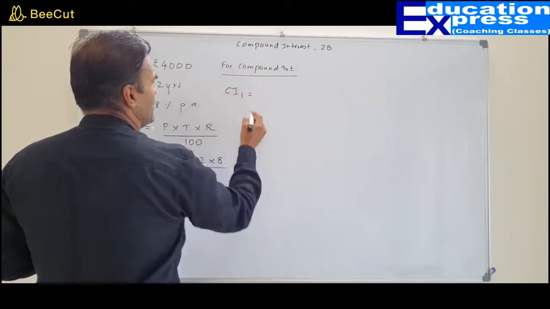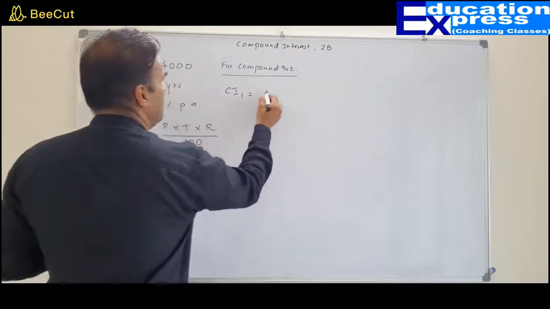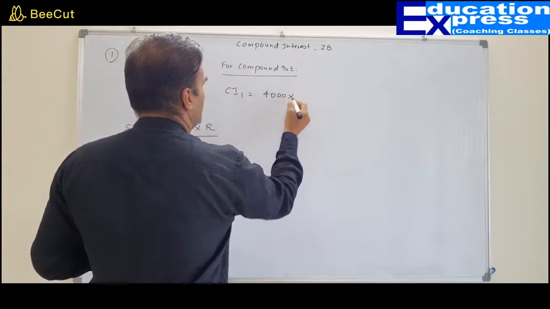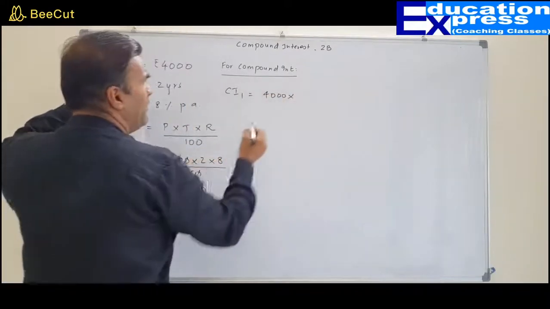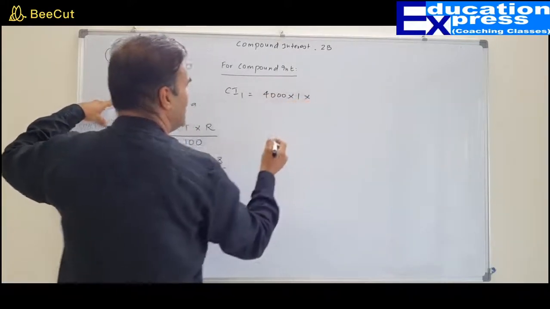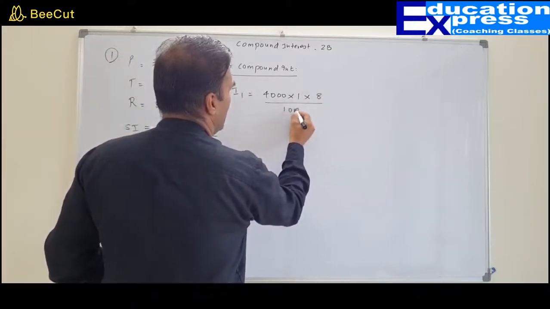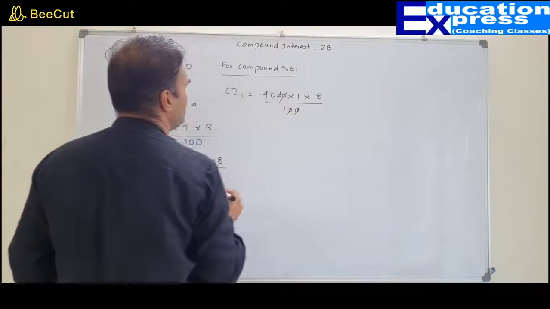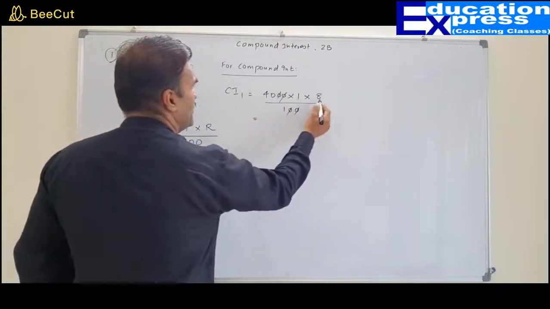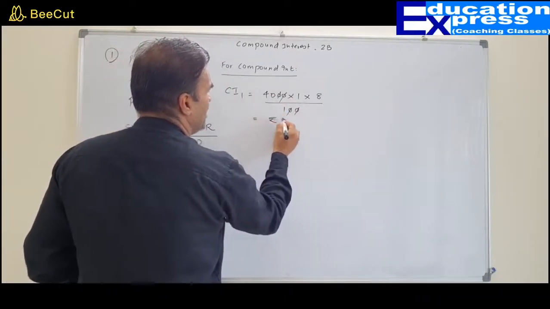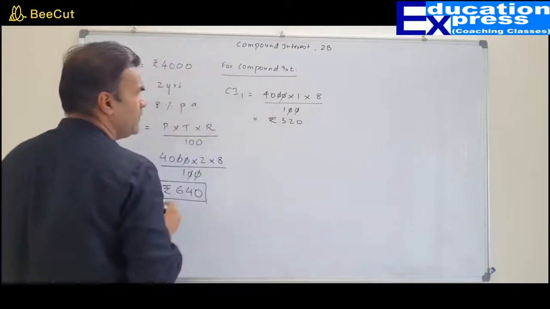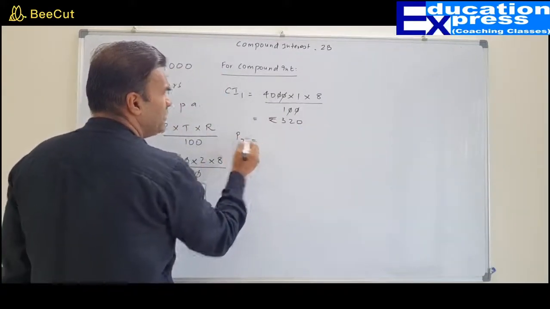Interest for the first year: principal P into T, time we will take 1 year only, that is for the first year, and rate is 8%, 8 upon 100. So how much is the interest for the first year? Rupees 320.